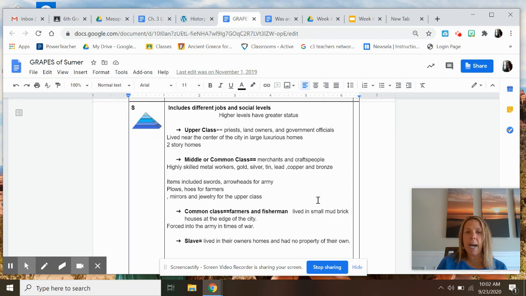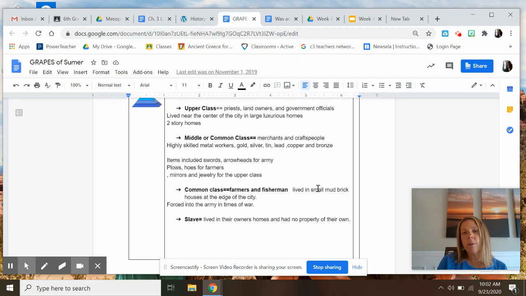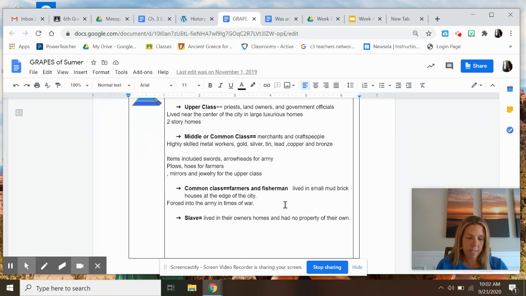The common class was farmers and fishermen. They lived in small brick houses at the edge of the city. They were forced into the army at times of war. So the upper class could force them, or the government officials could force them to be part of that army. And then you have the slave class of people.